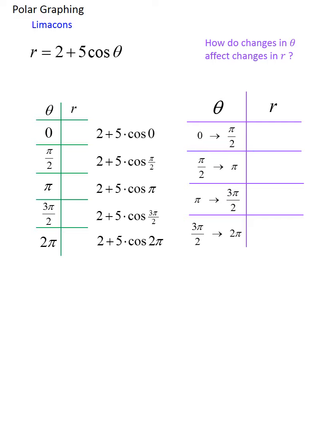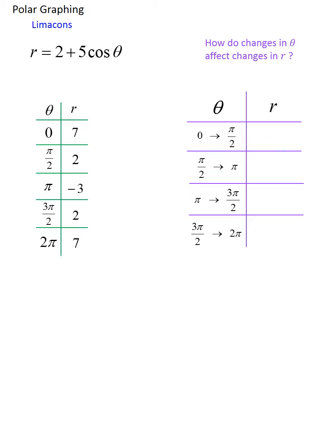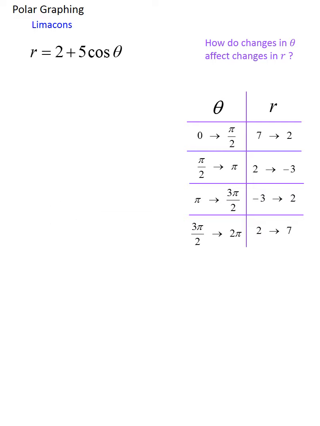So I've plugged my 5 quadrantal angles into the function, done some trigonometric algebra, not shown here, and you can go through the same analysis of what's happening to r in each of the 4 quadrants. Nothing terribly new there compared to the last 2 problems. But again, the question being, how is that going to affect the shape of the graph? That's the real challenge here.